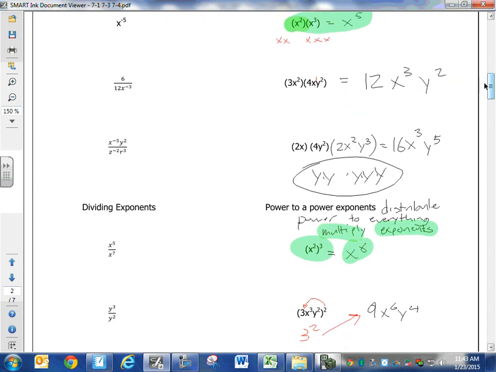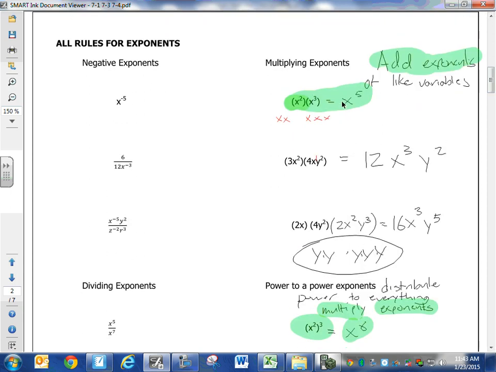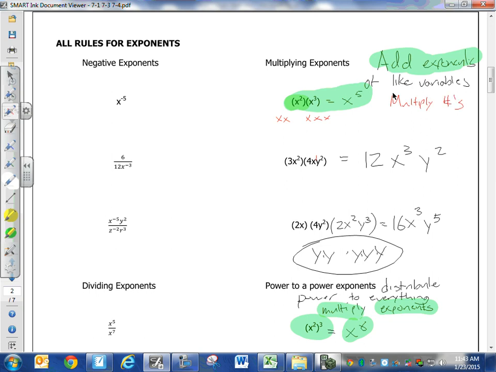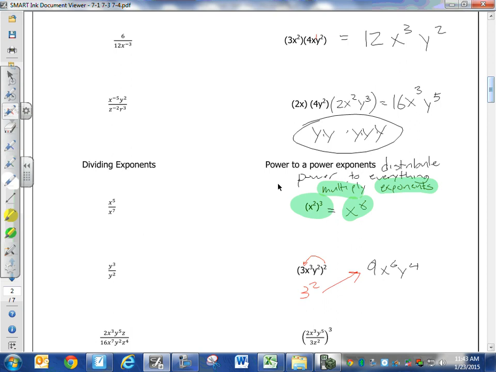Multiplying exponents, we figured out that we're going to add exponents, but we're still going to multiply numbers. Then for the powers to powers, we distributed the power to everything. We multiply exponents. Make sure we take our number to the power as well.